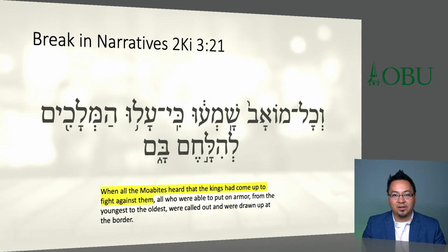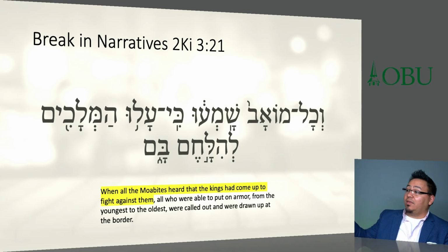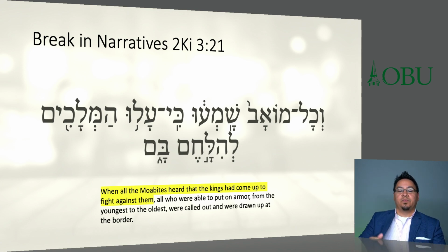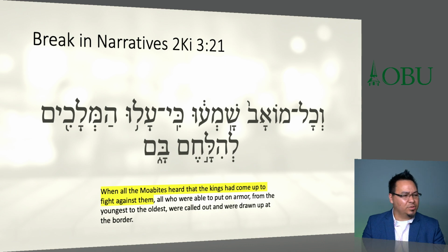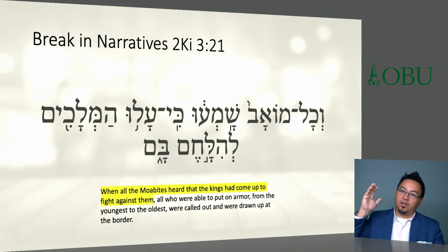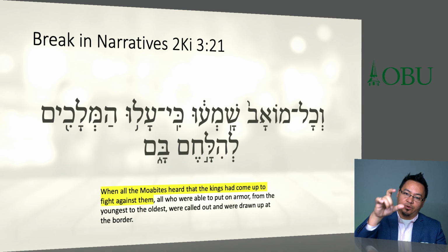What we see happening here is that suddenly there's a break, and it's like, oh, and by the way, the Moabites had heard that the kings had come to fight them. So it's a break in the narrative. And how do we know? Because it switches the order from being verb-subject to being subject-verb. Again, the author is drawing our attention to, okay, pay attention to what's happening here in our text.